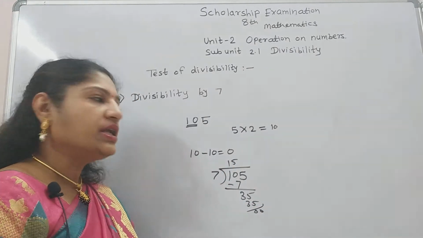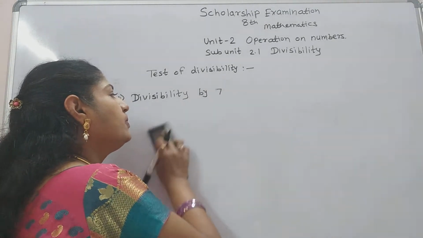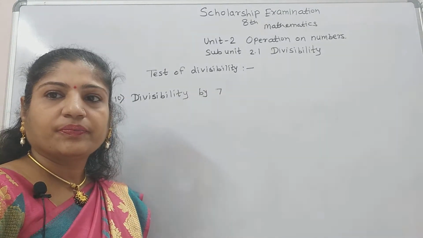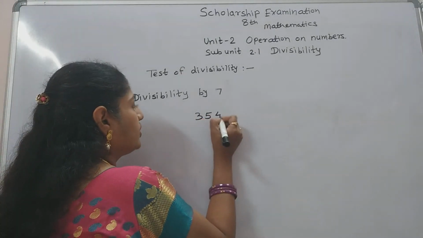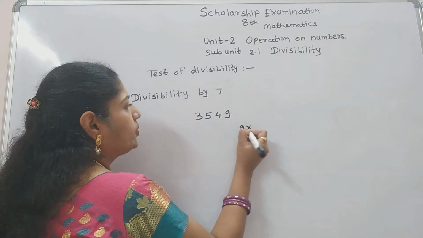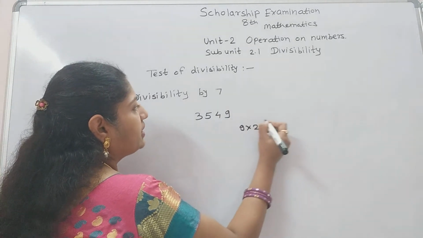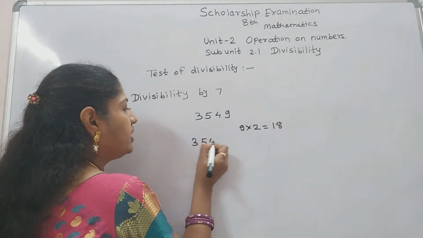Or if the subtraction is a multiple of 7, then also the number is divisible by 7. I take the number 3549. The last digit is 9. 9 into 2, that is double of the unit place, 18, and 18 is subtracted from the remaining number.